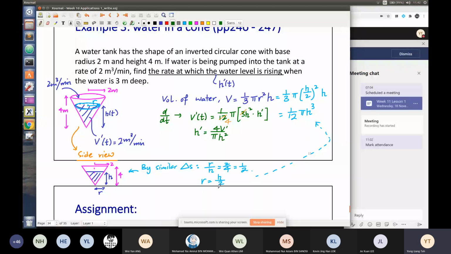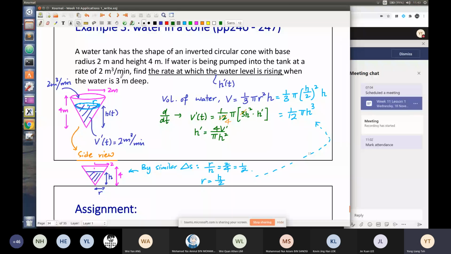Questions? Yep, that is correct. Once we know this, we can substitute our values in already. We know V prime, which is this, and we need to know h. However, we can know h quite easily because h is given to be 3 meters deep.